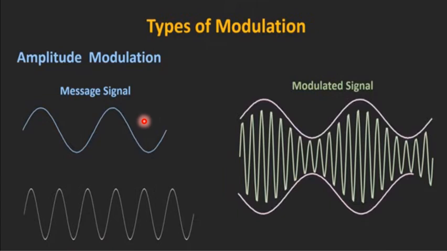If this is the message signal and the high frequency signal is the carrier signal, then the amplitude modulated wave will look like this. As you can see here, the shape of the carrier wave changes according to the message signal.